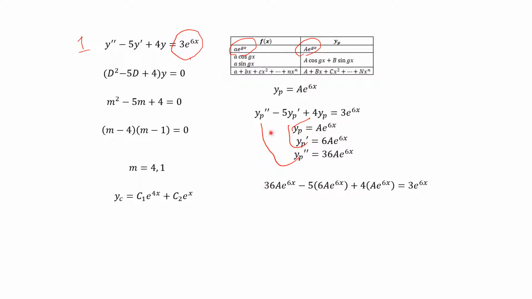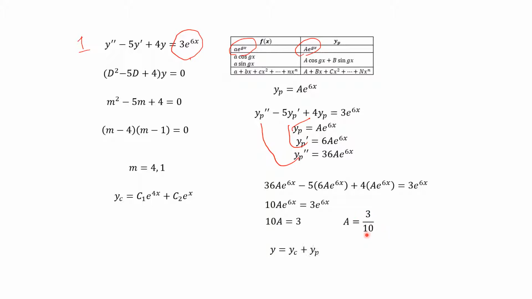And this one, y_p double prime, is 36a e to the 6x, equal to 3e to the 6x. This can be combined. This is 36 minus 30 plus 4. That gives you 10a e to the 6x equals 3e to the 6x. And of course, you have 10a is 3. Equating same variables here, you can solve for a. Your a is 3 over 10.